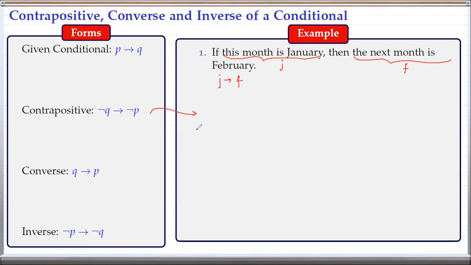First, let's look at contrapositive. Looking at this form, the contrapositive will be not F implies not J, which in the given format will be: the next month is not February, that will be not F. If the next month is not February, then not J. Not J is this month is not January.